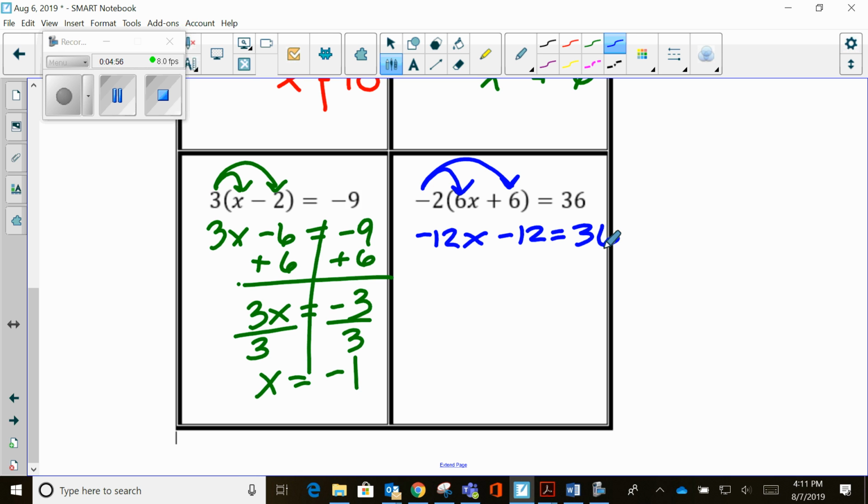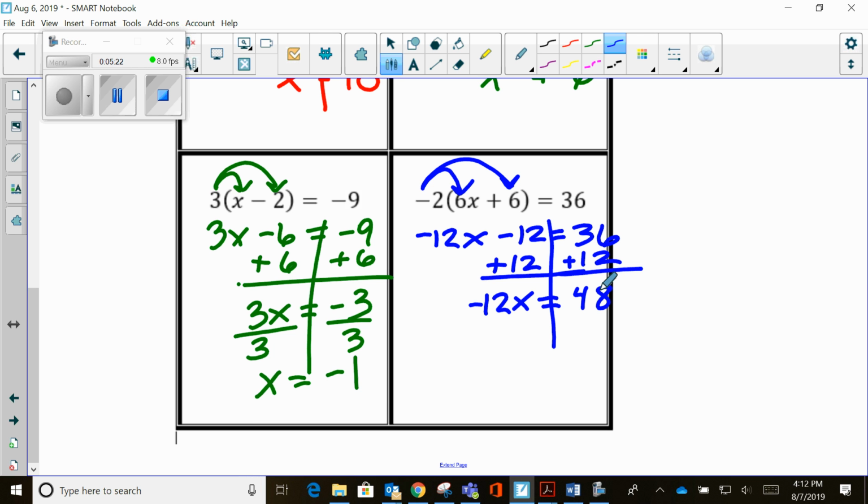Now draw your line through the equal sign. Do the inverse of a minus 12, which is plus 12. That's going to give us a negative 12x equals 36 plus 12 is 48.